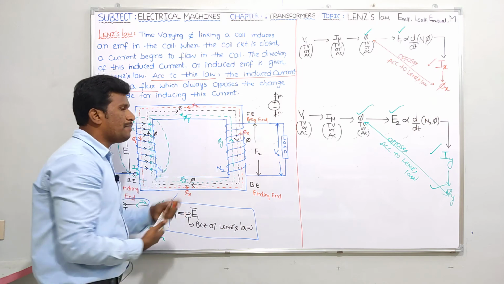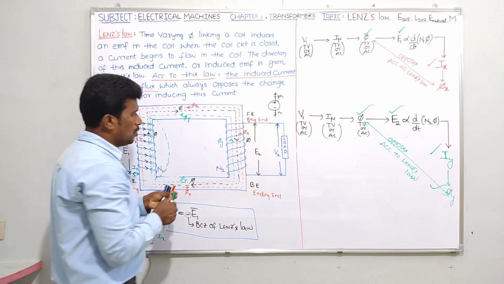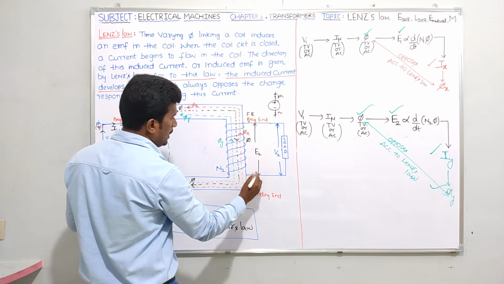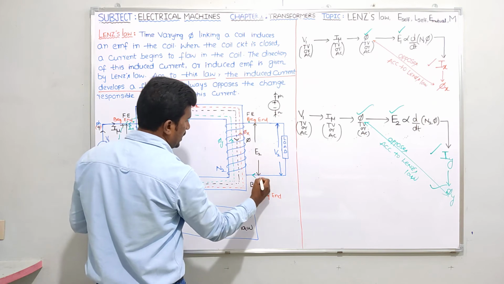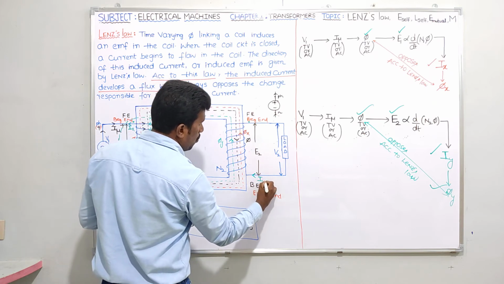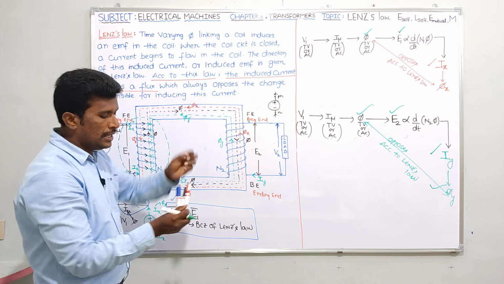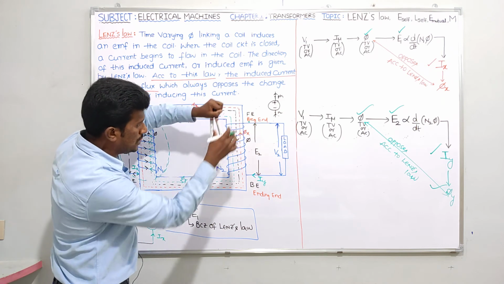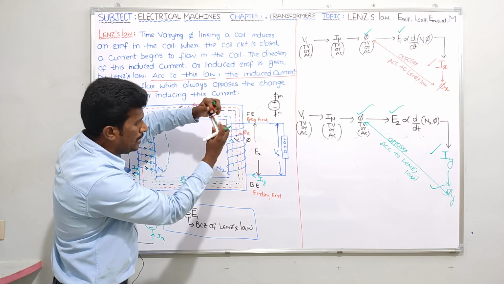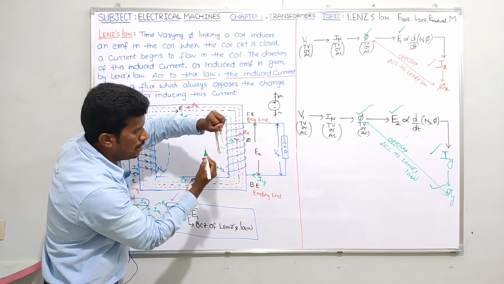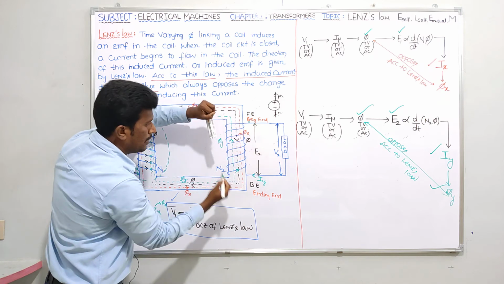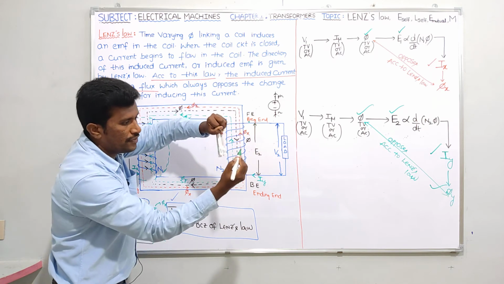So tell me where the back end is here. This back end, no? It is entering at the back end of the coil. This is the direction of IY. Suppose I take this one as a transformer core leg, it is entering at the back end and leaving at the front end. Entering back end, leaving front end.